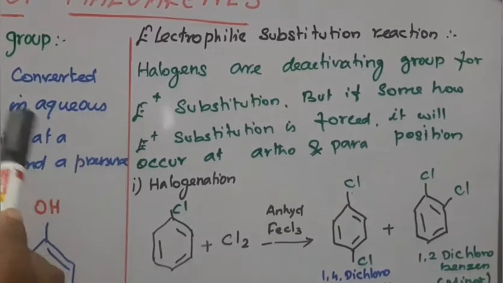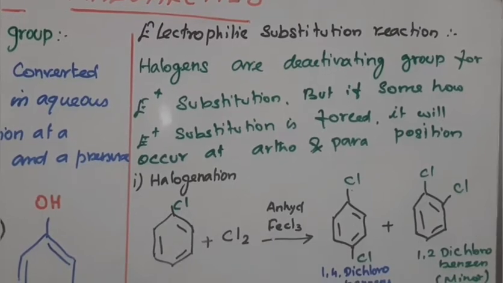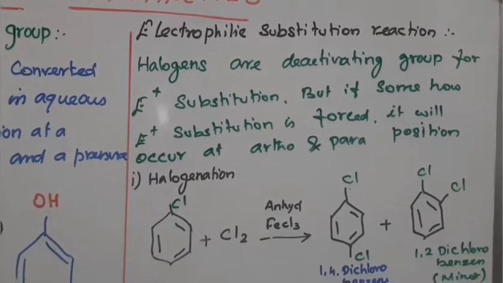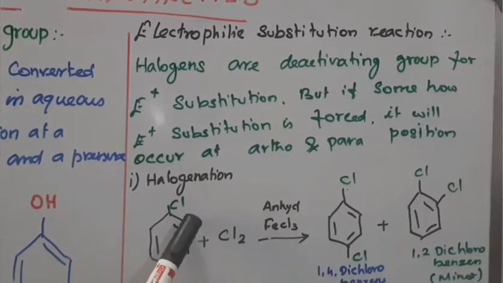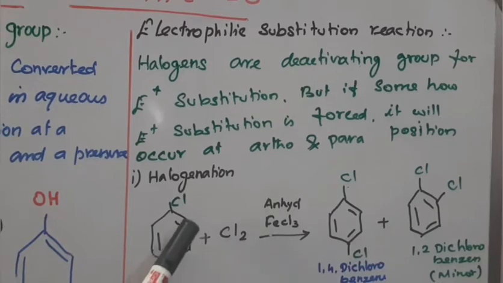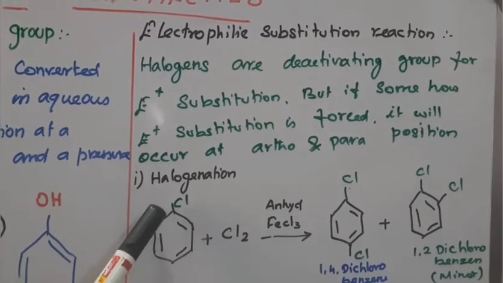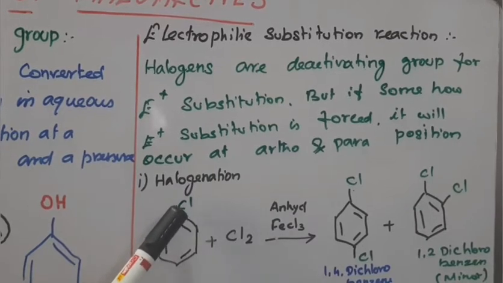Here the haloarenes usually undergo electrophilic substitution reactions. Electrophilic substitution reaction means that an electrophile attacks an electron-rich center. Because of the presence of this halogen atom in the haloarenes, what is happening?